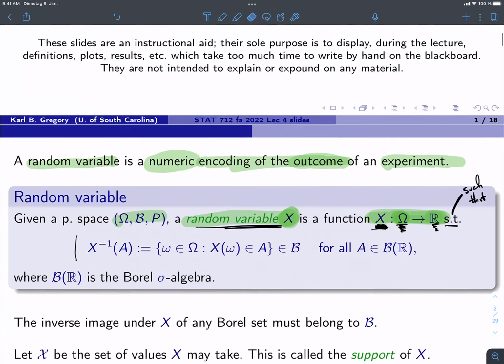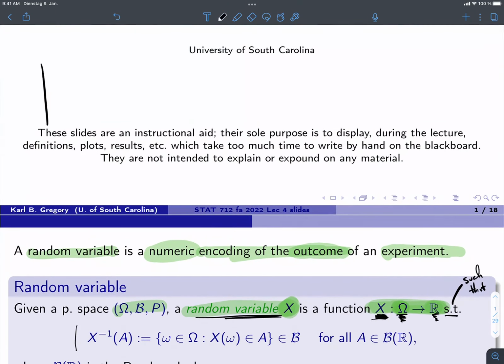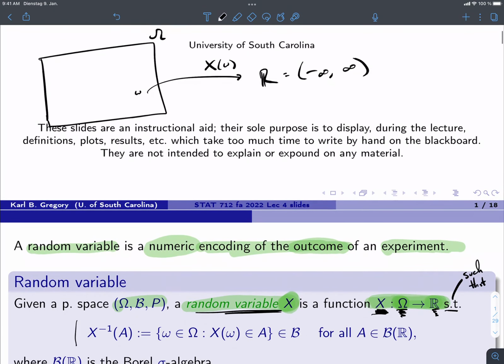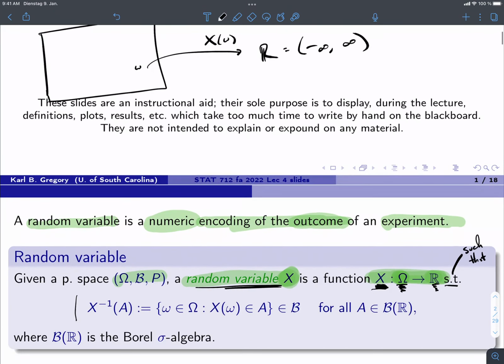So imagine we have the sample space, and then we have a function x which takes outcomes in the sample space and gives us real numbers. So the real numbers, any number between minus infinity and infinity.